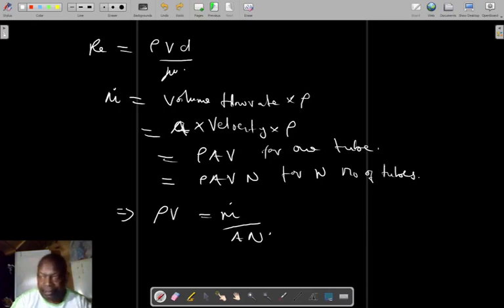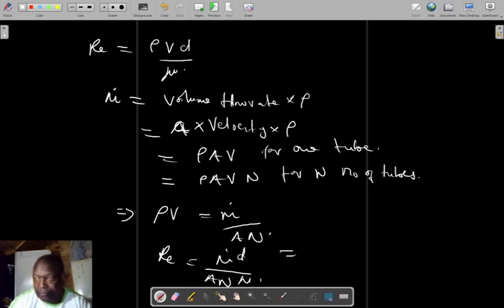Okay, so we can calculate the Reynolds number. The Reynolds number will be mass flow rate times D divided by A N times mu.